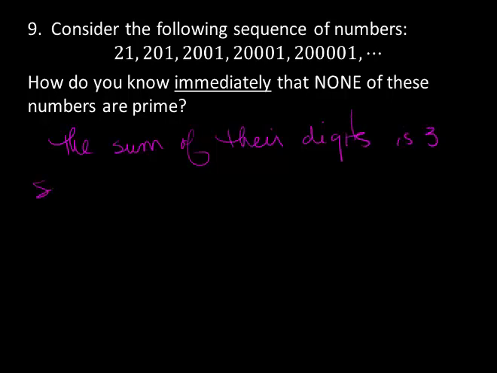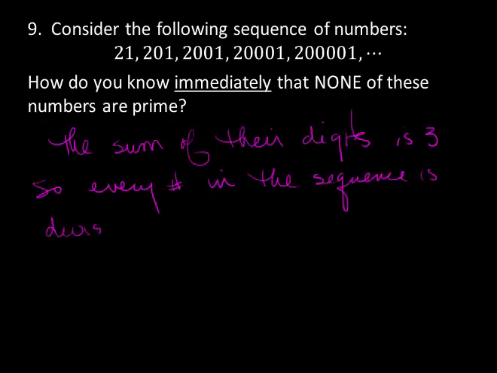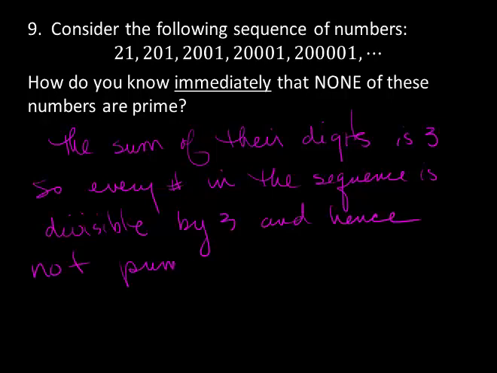So every number in the sequence is divisible by 3, and hence not prime. If you know what you're talking about, then you will just naturally write this out in good sentences.